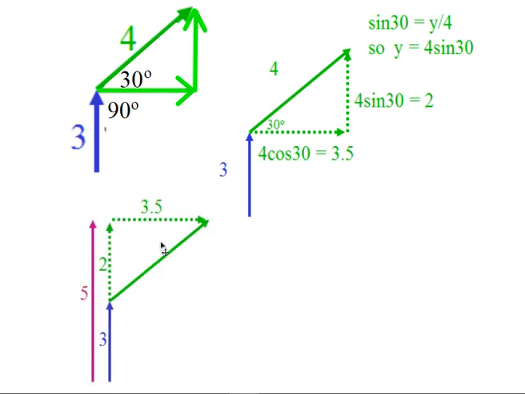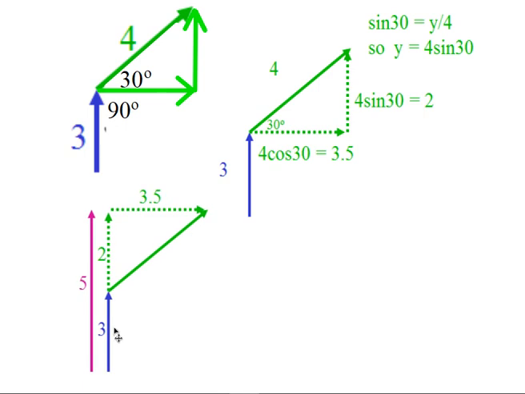Now I can take the 3 and add the 4 on, but add it on as 2 plus 3.5. That's the same thing as adding on that 4. And 3 plus 2 is 5. And now I have a right angle between the 5 and the 3.5.